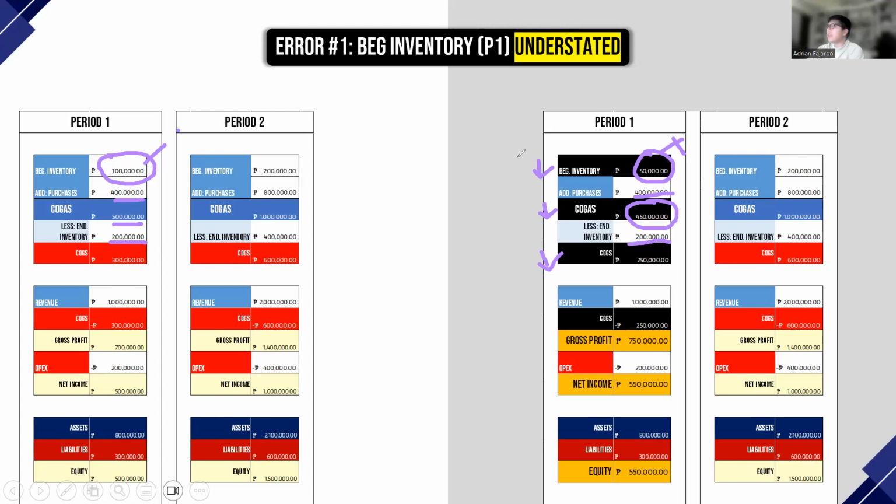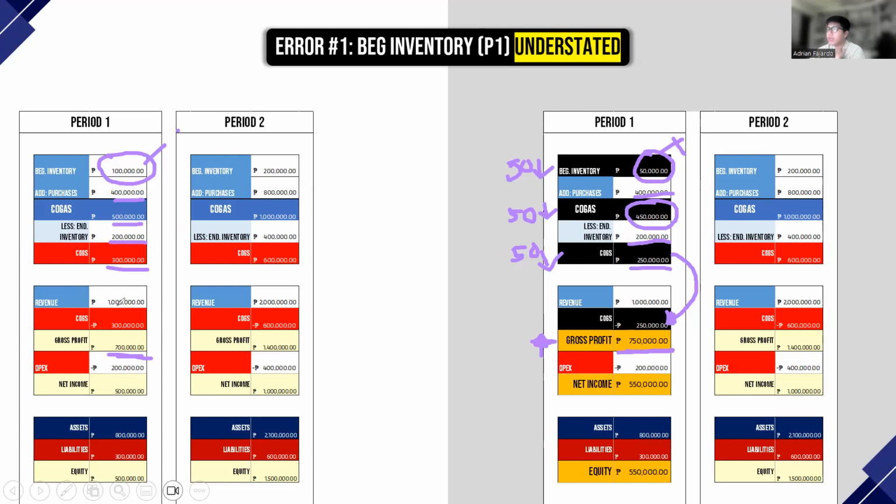So here you see the first interaction. If your beginning inventory is understated by 50,000, your COGS will be understated by 50,000. And then, what will happen? Your gross profit, which should have been 700,000, becomes 750,000. So your gross profit is overstated. It should only be 700,000, but it became 750,000. Why? Because our COGS is less by 50,000. See, the COGS here is 300,000, this one is only 250,000. So there was a chain error.